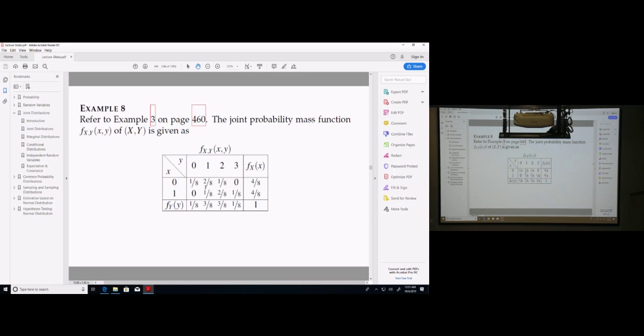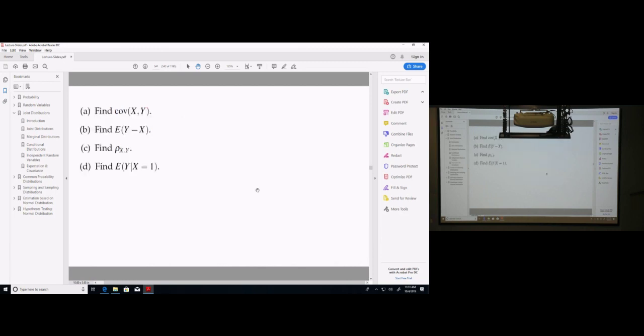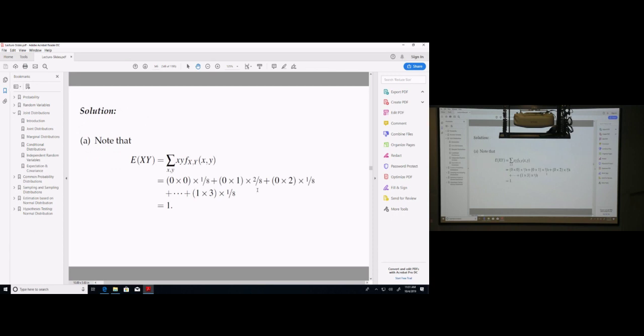So now we have this thing, and once we have a table, it is fairly straightforward to do the calculations. So let's do A. We are using the property of covariance, the property A. I found the expectation of the product first, and you just have to do it.